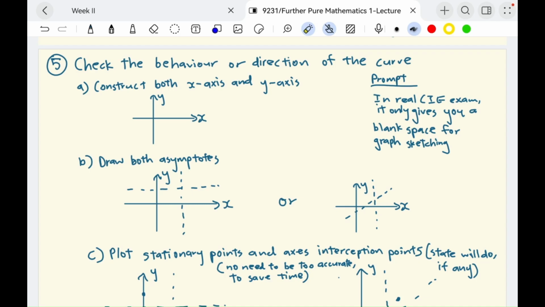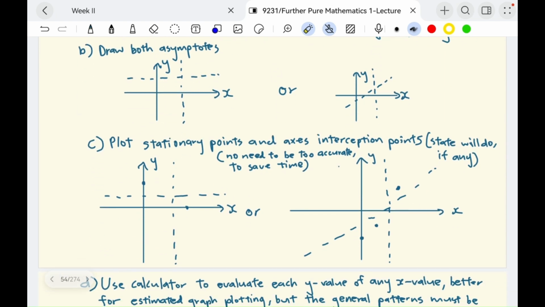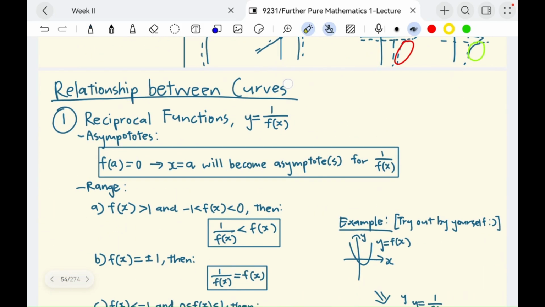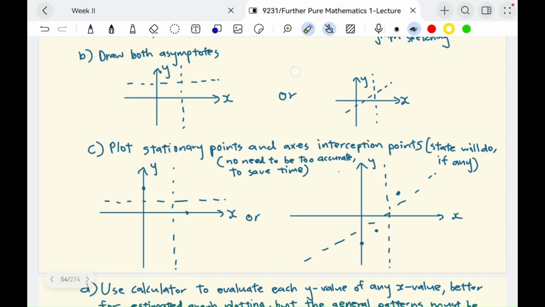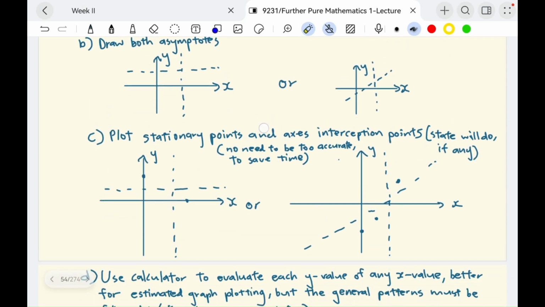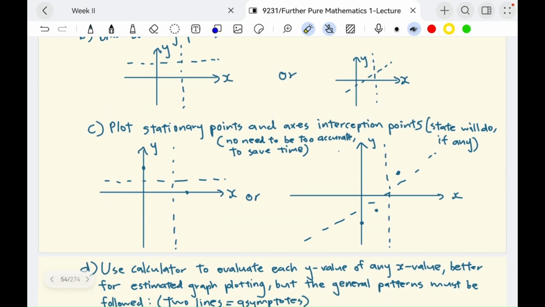Okay? Which can be either VA and HA, or VA and OA. Alright, so this is the OA, this is the VA, this is the VA, and this is the HA. Okay? And plot the stationary points, if any, and the x-axis intersections.